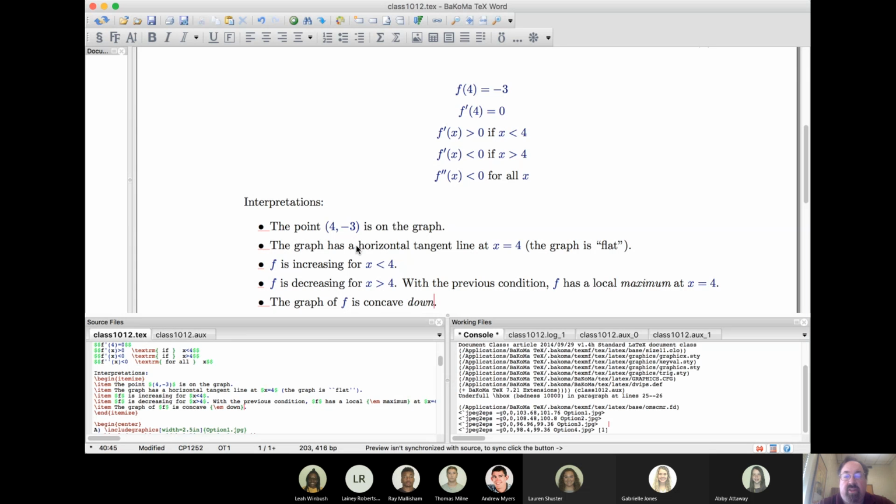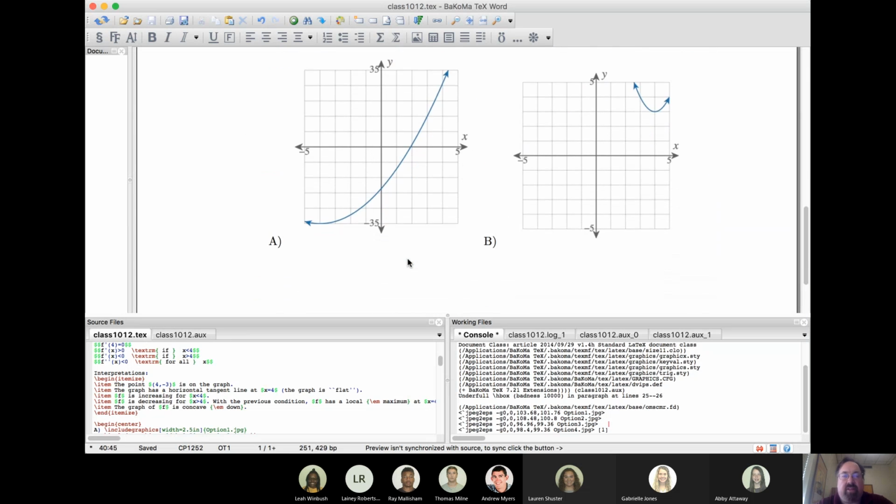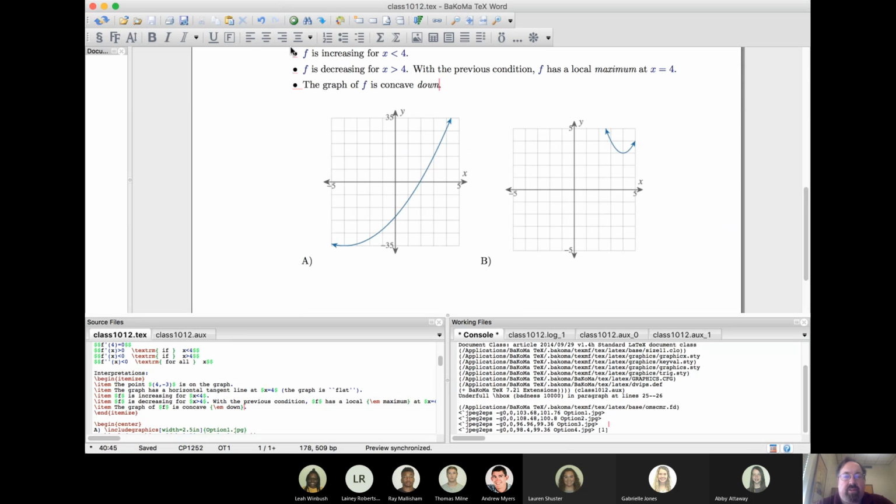All right. So now what we could do is use this information to look at 4 graphs and pick out the right one. Okay, I need to zoom out a bit to make sure that all 4 graphs can be seen.